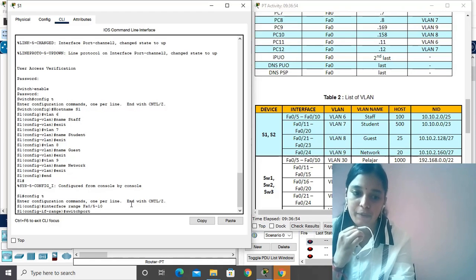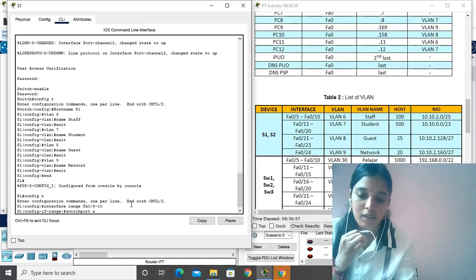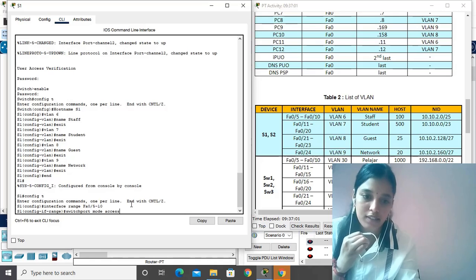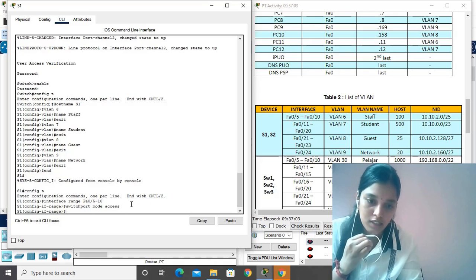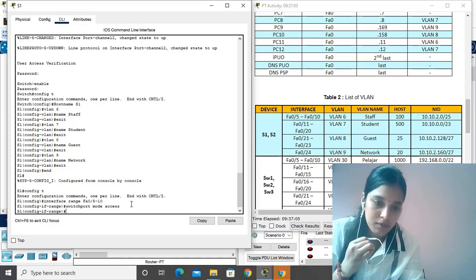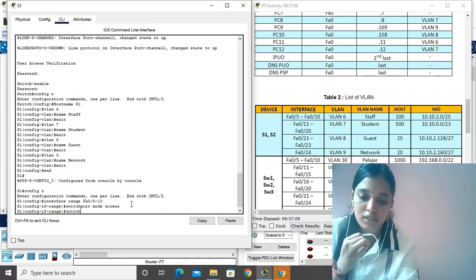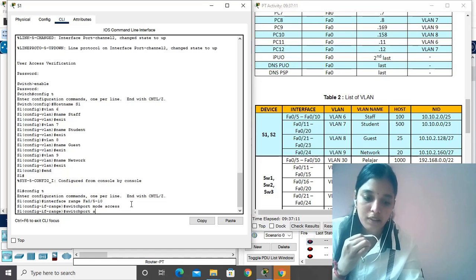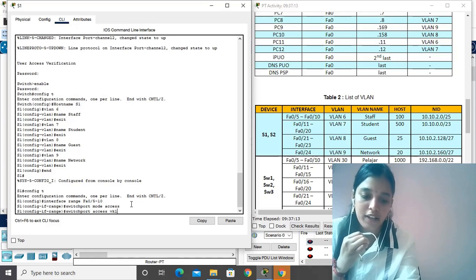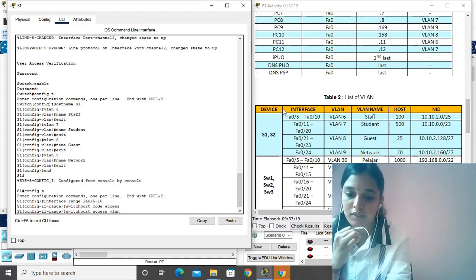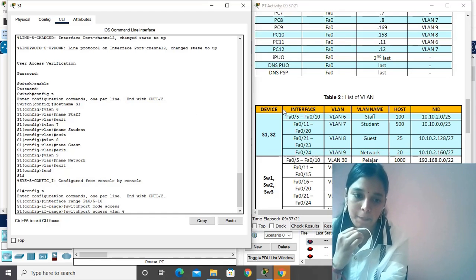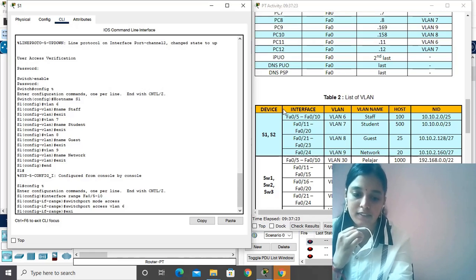Switch port mode access, must be written correctly, if not it will be wrong. Switch port access VLAN, there is a VLAN 6, so must write VLAN 6, then exit.